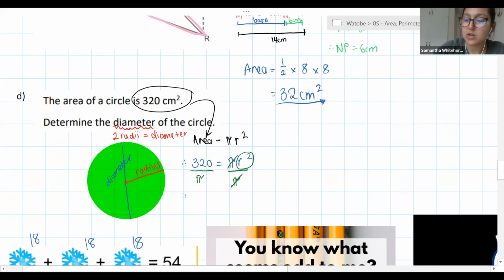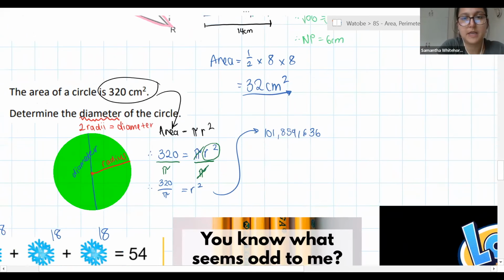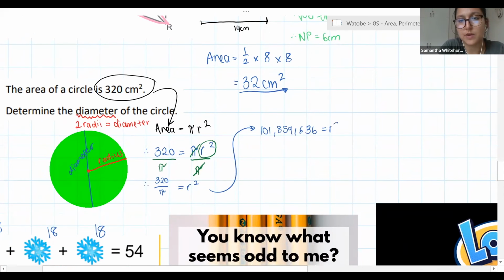All that it will mean is that your decimals are slightly different to mine. So 320 divided by pi then gives us r squared. And 320 divided by pi is 101,859,91636. So this is now r squared.